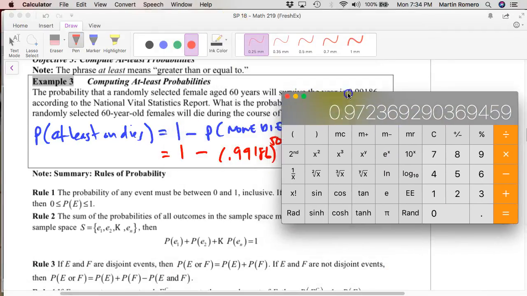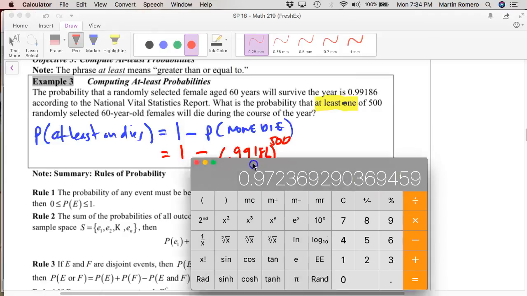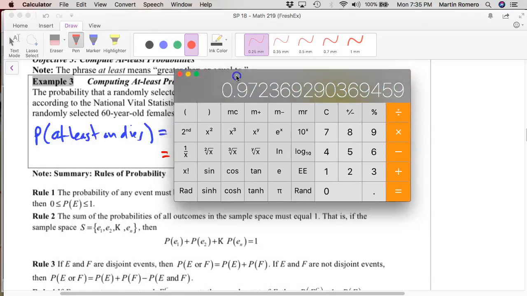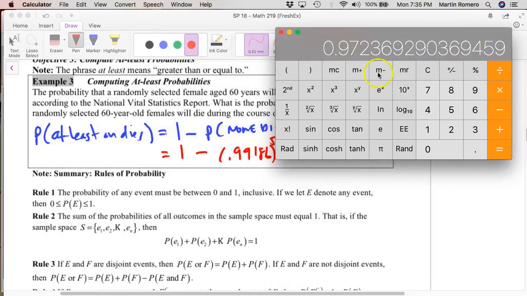So what we're going to do is raise 0.99186 to the power of 500, and you get, to 3 decimals, 0.017.